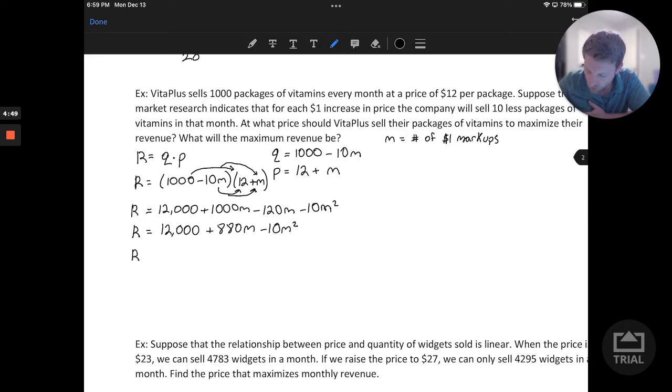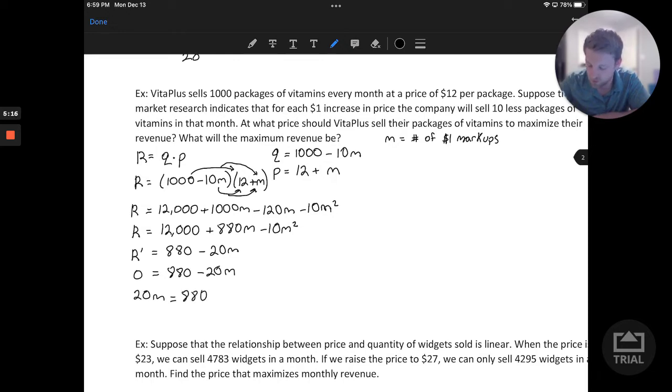So we'll have R prime is 880 minus 20 times m. So setting this equal to 0, we'll end up getting 20m equal to 880.